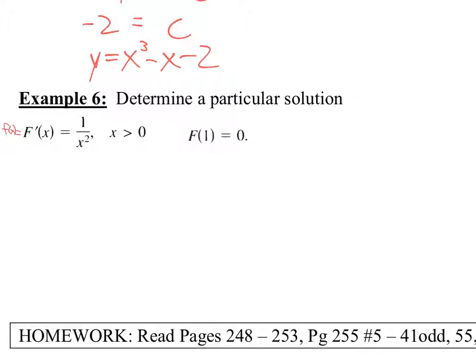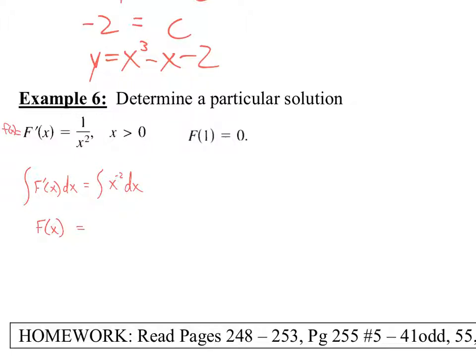The derivative of the antiderivative is the function. So we're going to take the antiderivative of capital F prime of x with respect to x. We're going to do that on the other side of the equation too: the antiderivative of x to the negative 2 dx, just rewriting that function. And that gives me capital F of x.